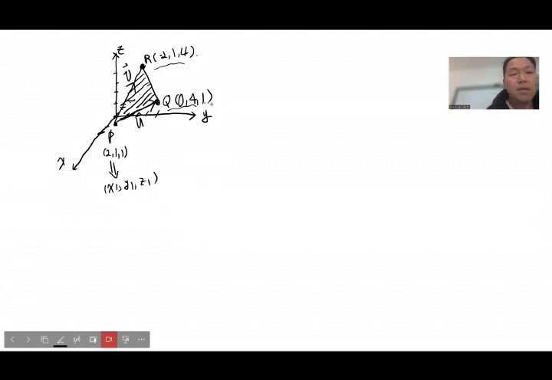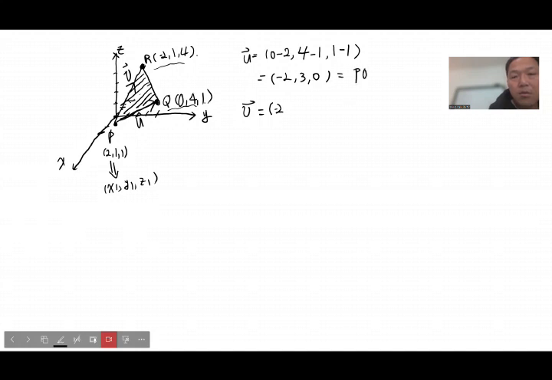So let's check the U vector first. That is, U vector is 0 minus 2, 4 minus 1, and 1 minus 1. So that is (-2, 3, 0). And the vector V is like RQ, right?